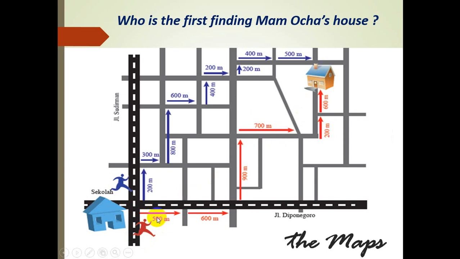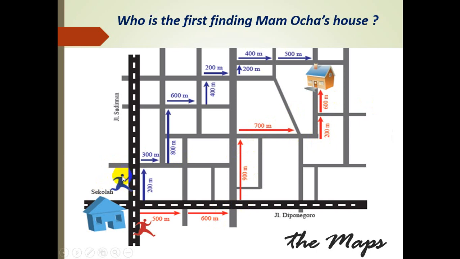Okay, you can see for the red arrow, this is 500 meters, 600 meters, so equals 1100 meters, and here becomes 20, 27, 29, and 35. So the total distance is 3,500 meters. How about Tagor's?